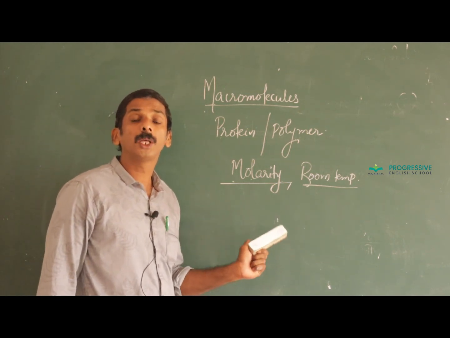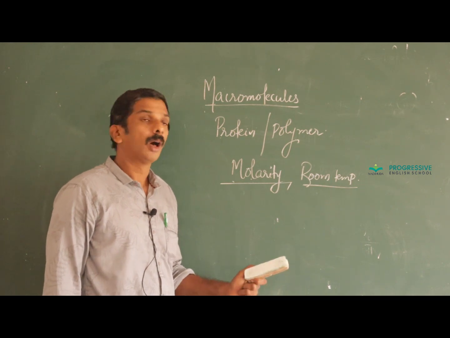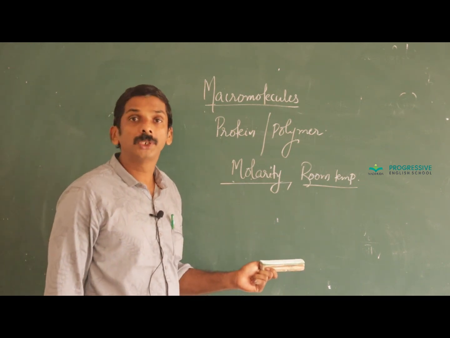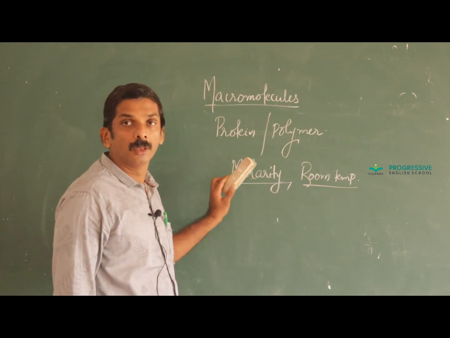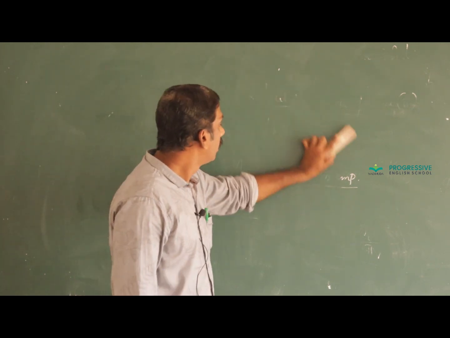Therefore, the osmotic pressure method is preferred over other colligative properties for the determination of molecular mass. That is about the 4 colligative properties.